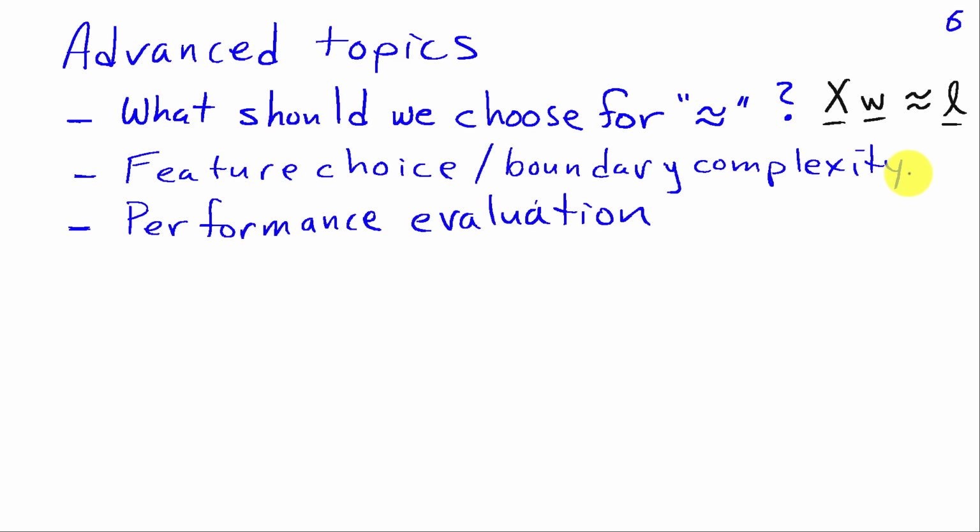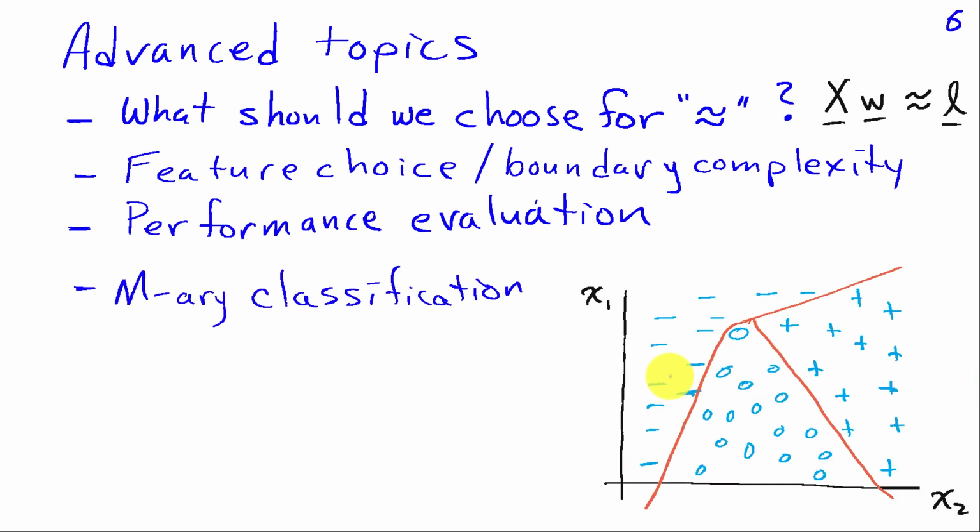There's a trade-off that we'll have to explore in terms of how do we choose an appropriate set of features and corresponding boundary complexity for a given problem. Both of these questions end up being intimately tied with the idea of performance evaluation. Ideally, we'd like to minimize the number of misclassifications.